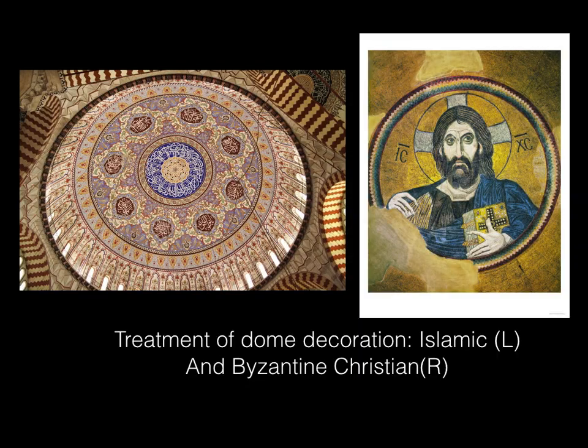So when we look then, comparing a dome with a Byzantine dome, and that's what we're looking at here on the right. And no, we did not look at this specific dome in our examination last week, but I just wanted to bring it in as a very clear contrast between imaging the divine in Islam on the left, imaging the divine in Christianity on the right, where you get a literal representation of Jesus Christ as all-powerful.